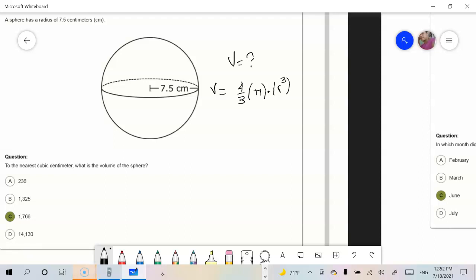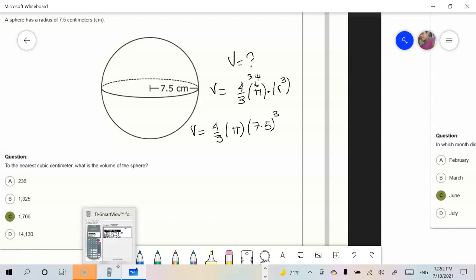Yes, we can calculate the volume because we know pi is a number that is 3.14. That's pi right there. And then the radius, we have it. So volume is going to be equal to 4/3 multiplied by pi multiplied by 7.5 to the power of 3. And that's going to give us the volume in cubic centimeters because my radius is in centimeters.